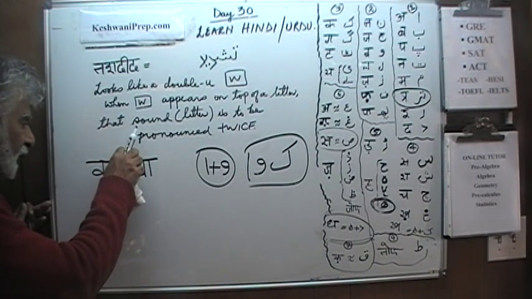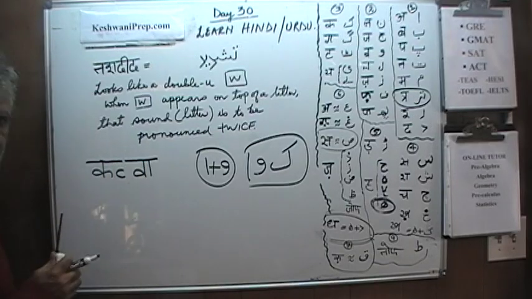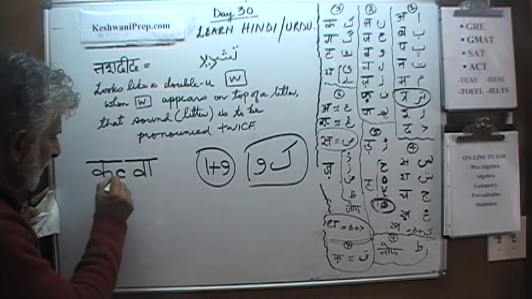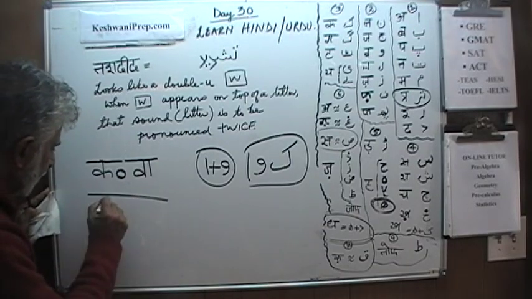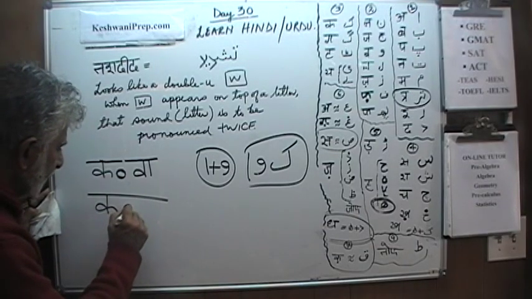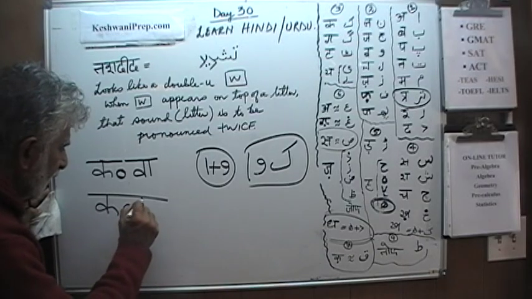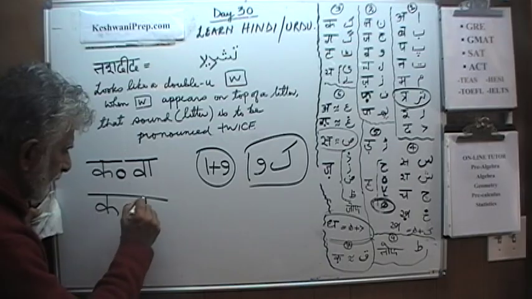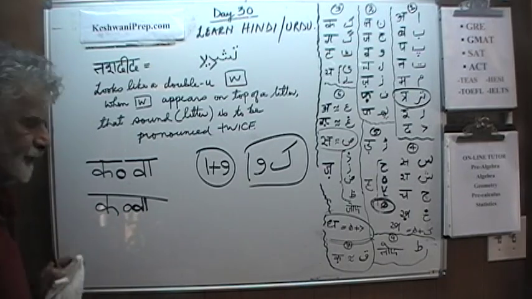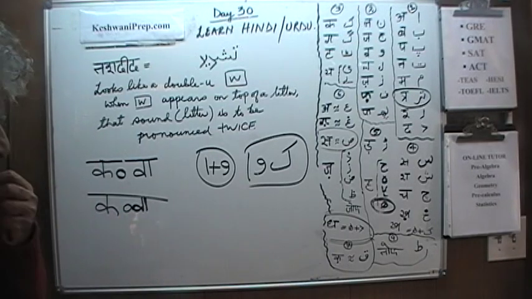The first v is only half. We take out this line, and all you're left with is this part, which has to join the next part. So it's going to look like this: ka, and then half a v, and then a full v. They have to join. There you go. Kav, va. Voila.